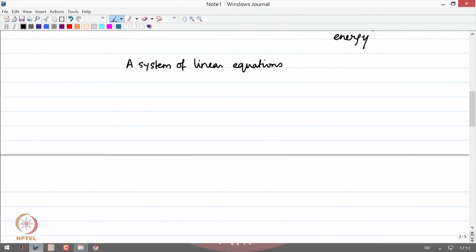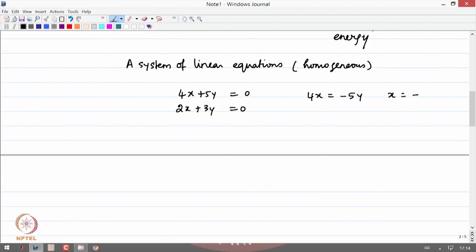Let me write down two simple homogeneous equations: 4x plus 5y is equal to 0, and 2x plus 3y is equal to 0. The first equation gives 4x is equal to minus 5y, and therefore x is equal to minus 5 by 4 y.